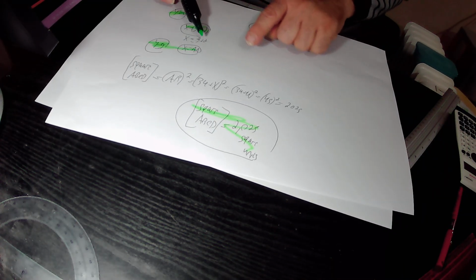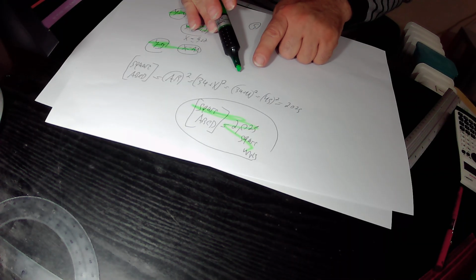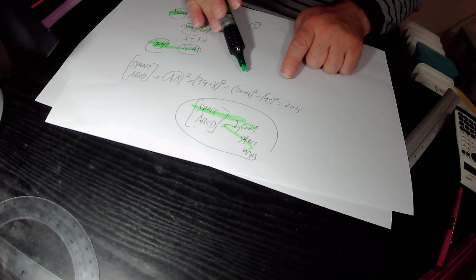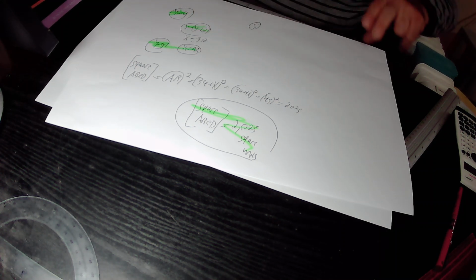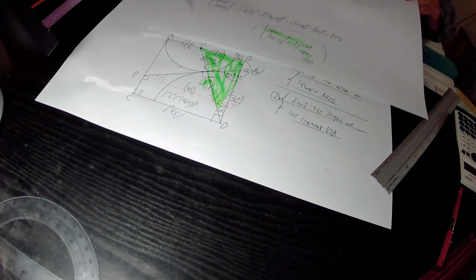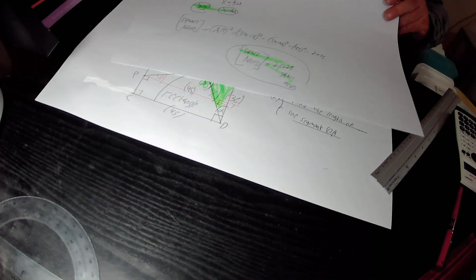X is 11, so 34 plus x is 34 plus 11, squared. 34 plus 11 is 45, so it is 45 squared. 45 squared is 2025. So in total we found that the area of this square ABCD is equal to 2025 square units in its size.